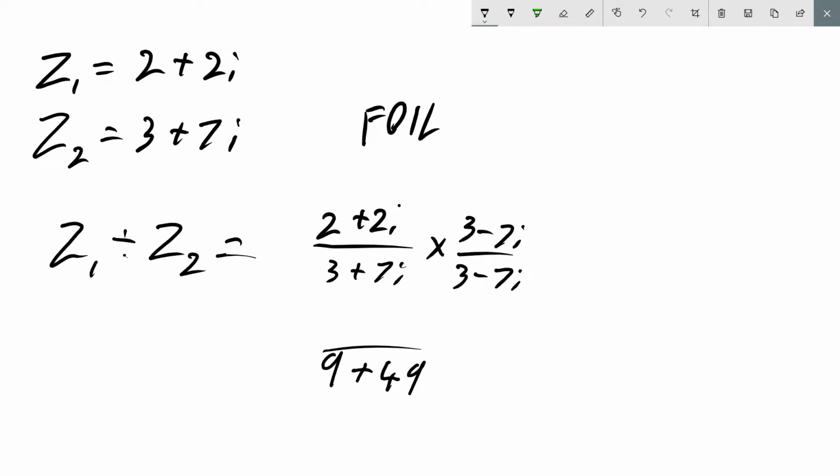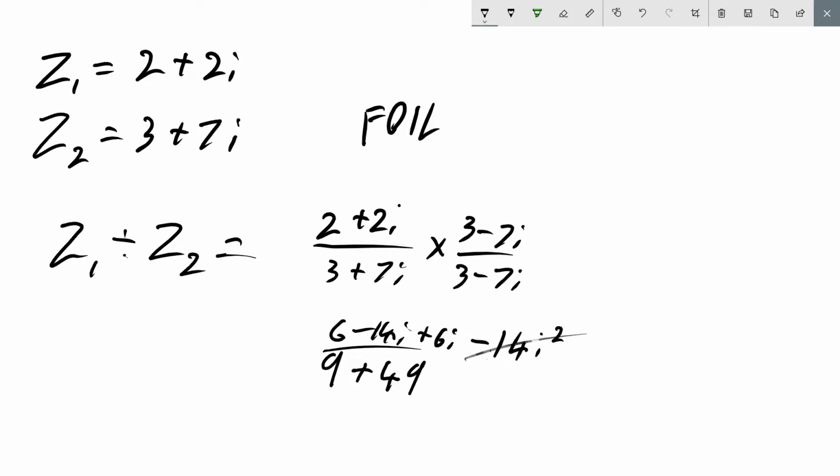But now let's focus on the top. So we can use FOIL again. So 2 times 3, 6. And we've done this before, but now we're going to have the negative 7i. So first, outer 2 times negative 14i, inner, that's just 6i, then last 2i times 7i is going to be 14i squared.